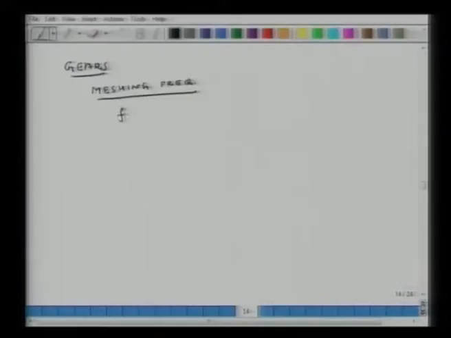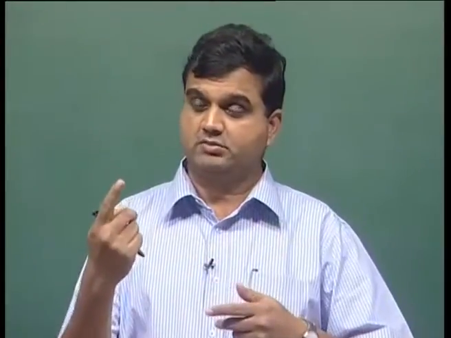So, your meshing frequency is N times n, where uppercase N is the number of teeth on a particular gear and lowercase n is RPM divided by 60. So, if you have two gears which are meshing, they have one single meshing frequency. The smaller gear will have the same meshing frequency as the larger gear.